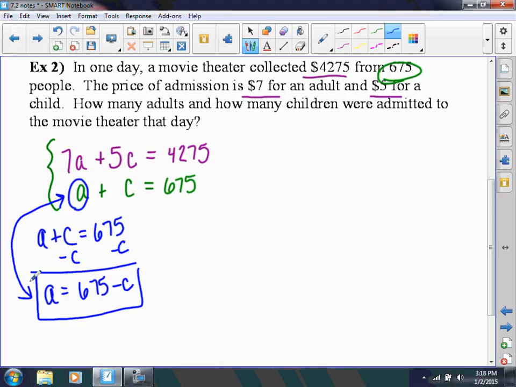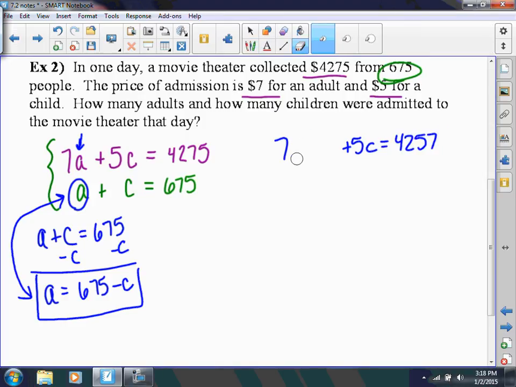Okay? So now I'm going to take this and substitute it into the other equation where that a is. So instead of 7a plus 5c equals 4275, instead of having that a there, I'm going to replace it. I'm going to substitute it with what a is. A is 675 minus c.